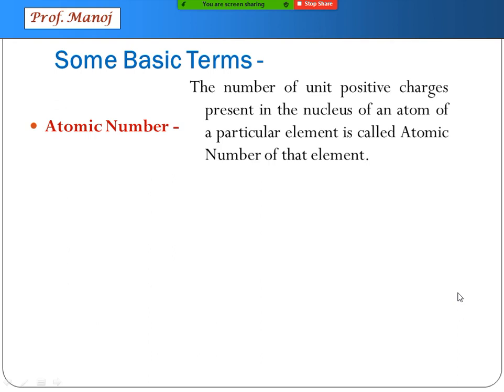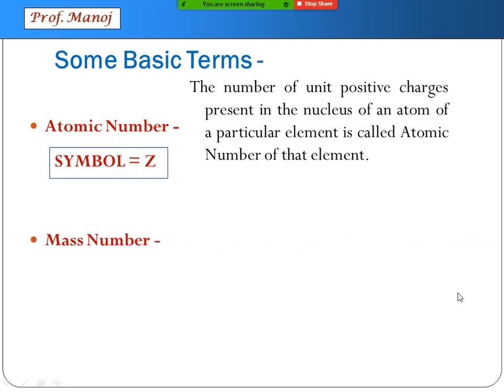Usually, atomic number is defined by many people as the number of electrons in an atom. But remember, electrons can be modified because there is something called an isotope. So the definition is now modified with respect to protons, that is positive charge. The symbol of atomic number is capital Z.